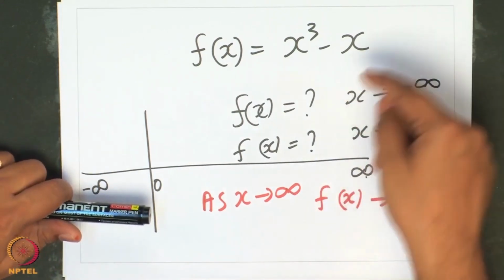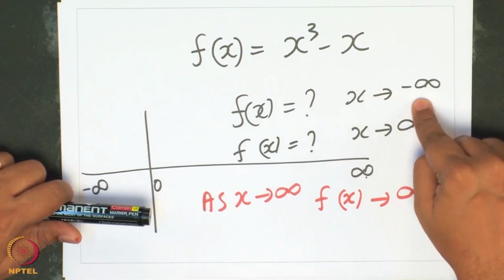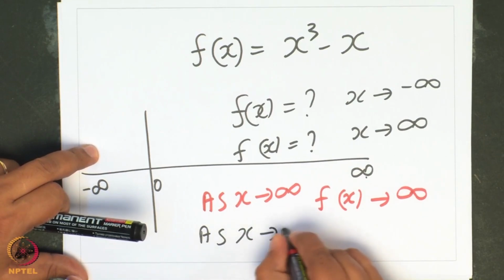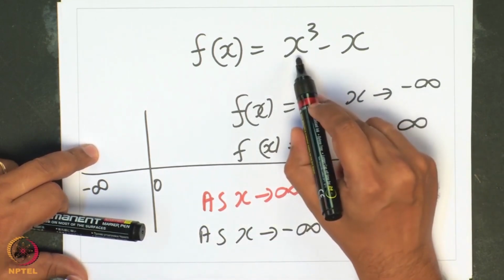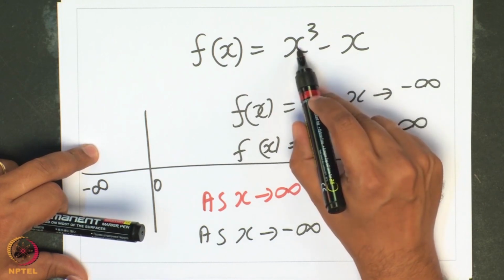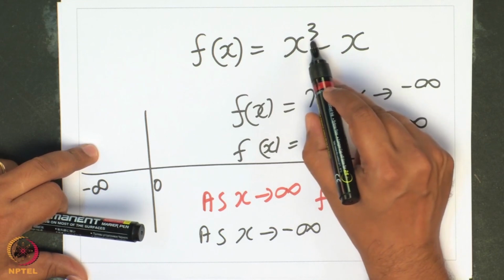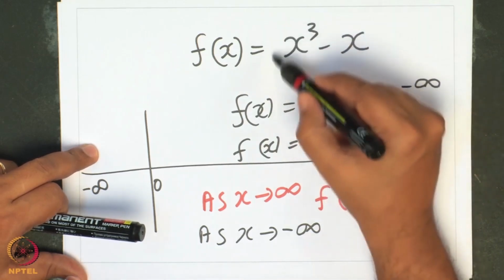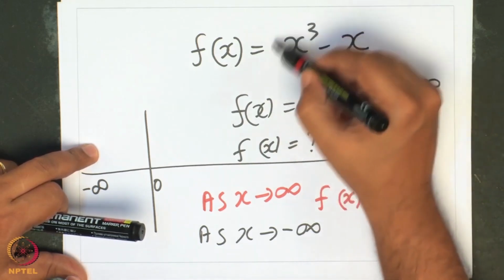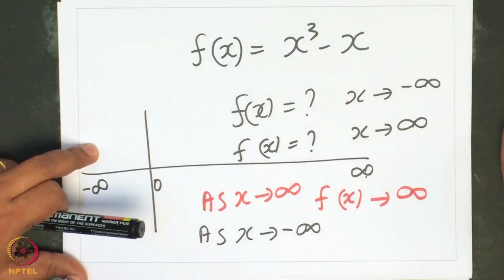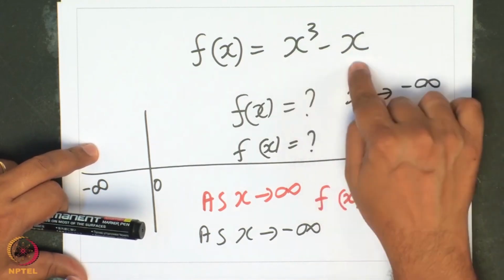Now, as x goes to minus infinity, what will happen? If x is minus 10, x cubed is a huge negative number, while minus 10 will be plus 10. So, the x cube term will always be dominating. If x is highly negative, x cubed will be also a large negative number and will be much larger than x.